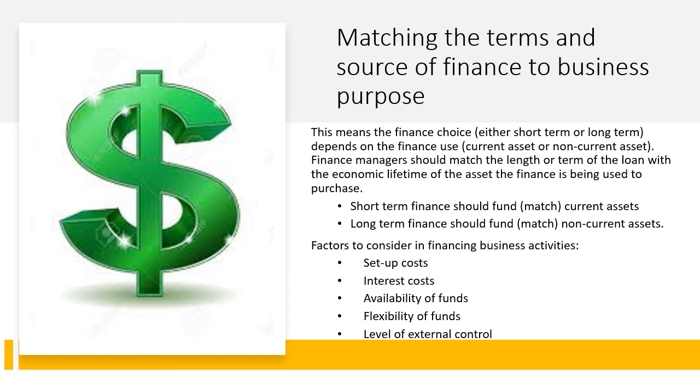Factors to consider in financing activities are the setup costs. So what is it actually going to cost to set up this particular finance? Interest costs, availability of funds, flexibility of funds, and the level of external control. And they're the questions that you would have to determine.